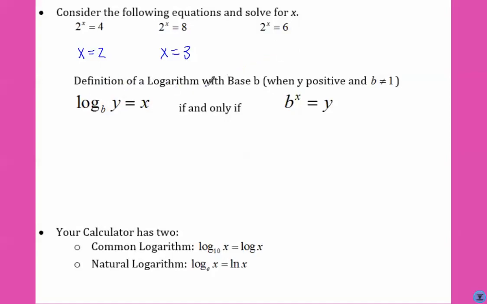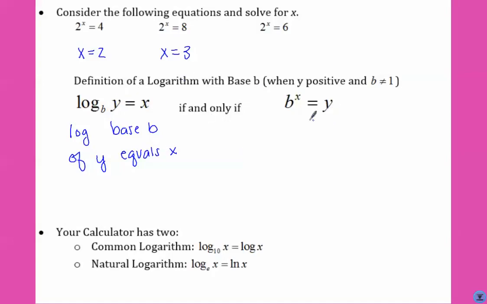So, definition of a logarithm with base b, when y is positive and b does not equal 1. The way we say this is log base b of y equals x.